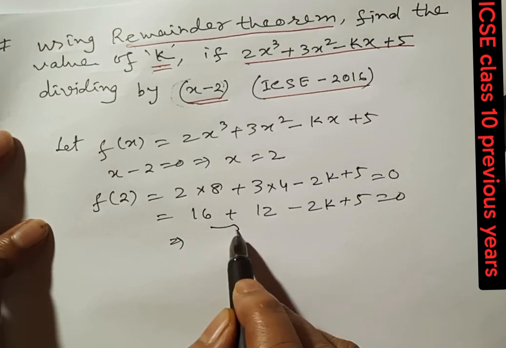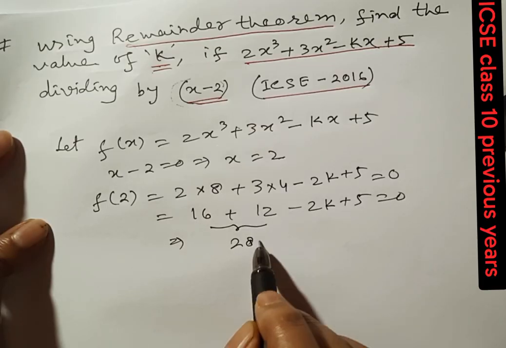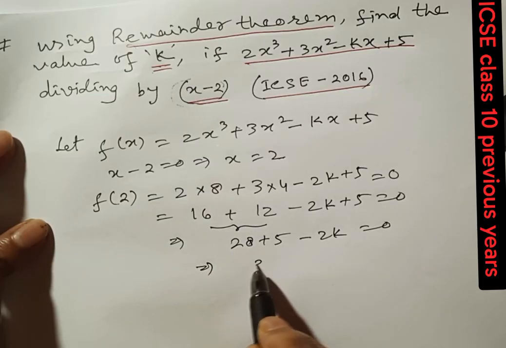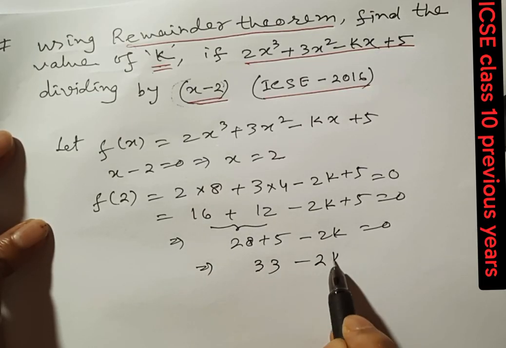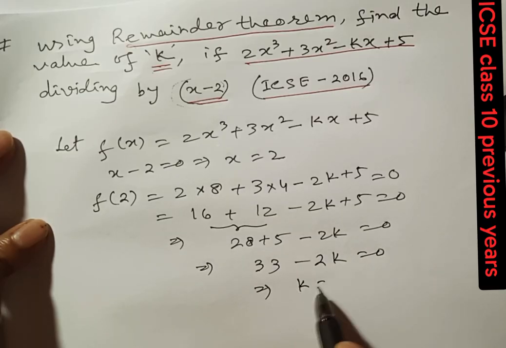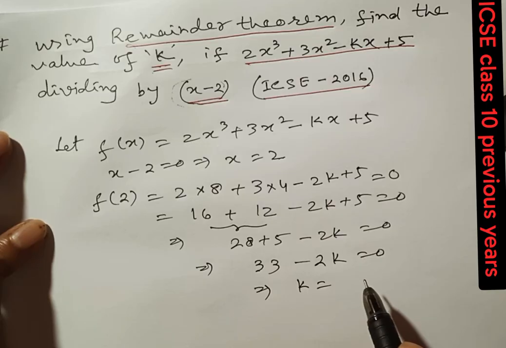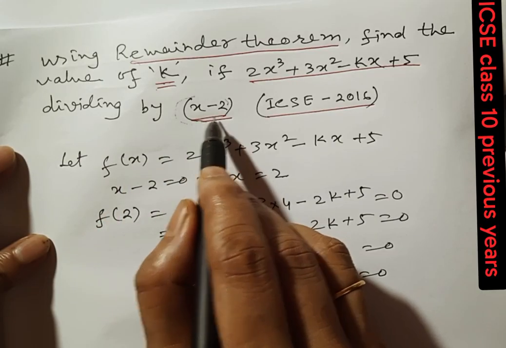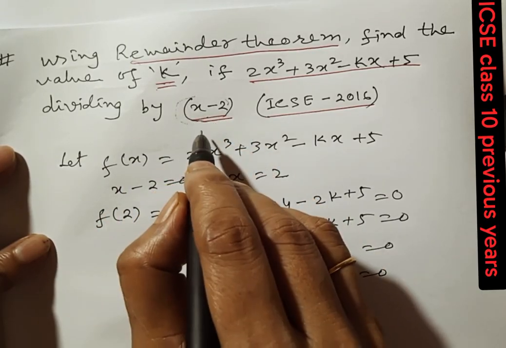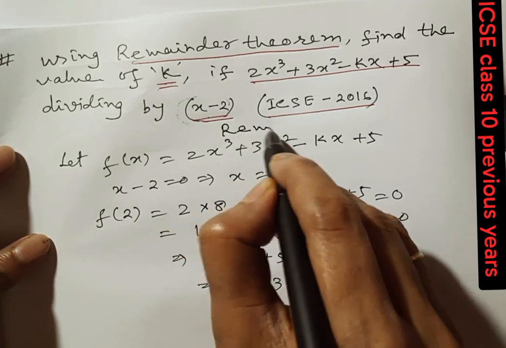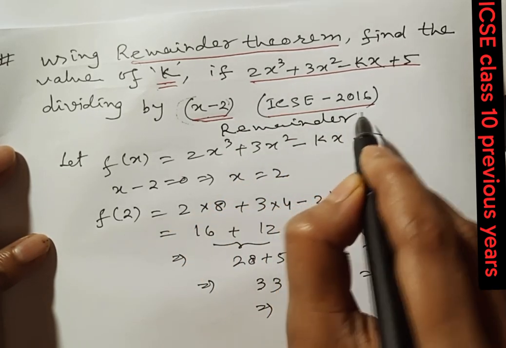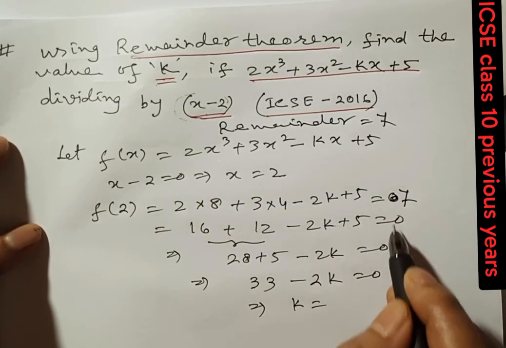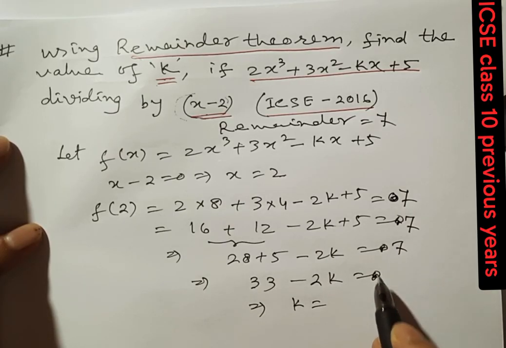This is 28 plus 5 minus 2k equal to 0. Now this is 33 minus 2k equal to 0. There was some mistake in this question: it is divided by x minus 2 and the remainder is given here, the remainder is 7.